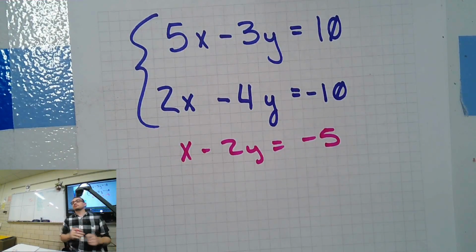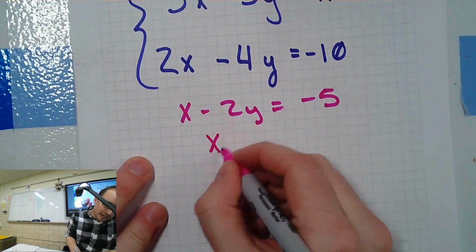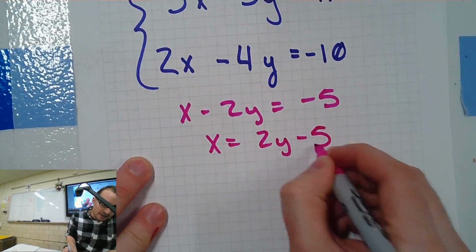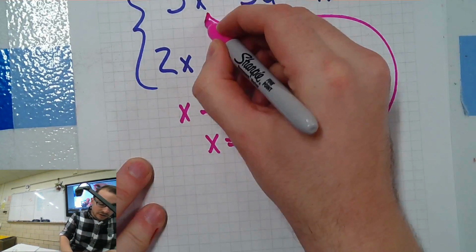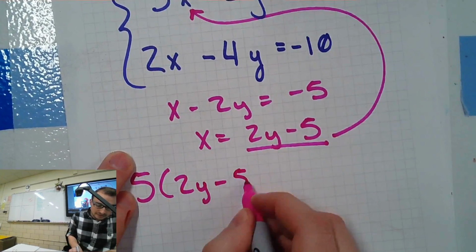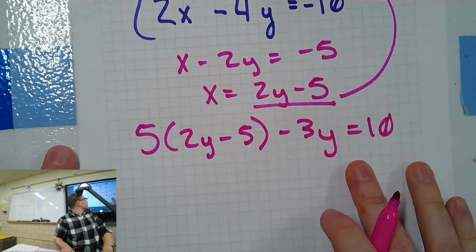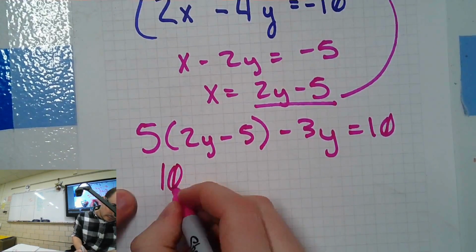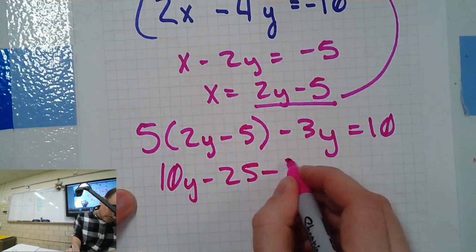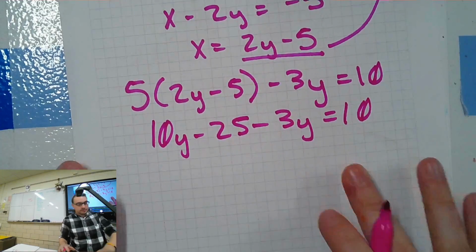You can divide first. PEMDAS is a lie. Just do it to everything. And then we get this, x equals 2y minus 5. I'm going to take that and plug it into the other equation. 5 times (2y minus 5) minus 3y equals 10. Distribute. Don't worry about copying this down. You're not turning it in.